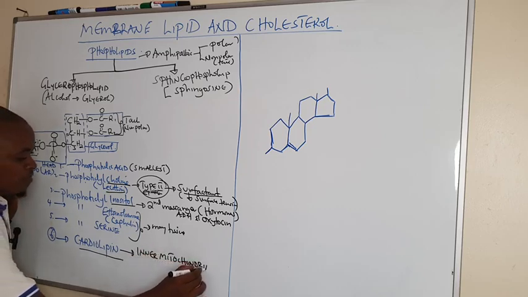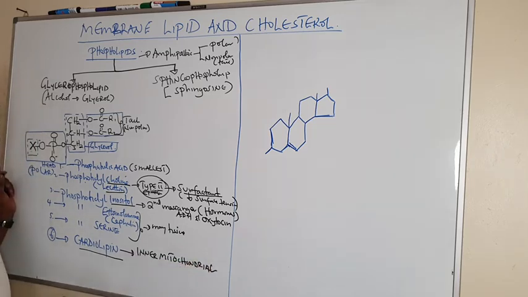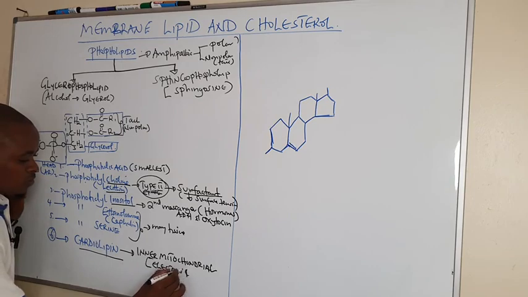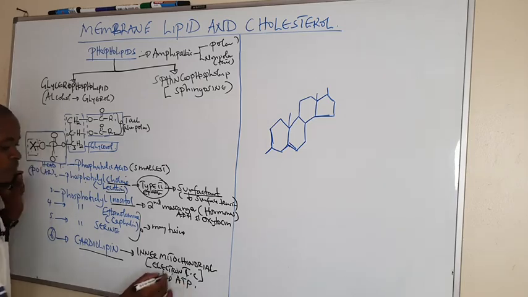And we know that the inner mitochondrial membrane's major function is to carry out the electron transport chain, which is responsible for oxidative phosphorylation to produce ATP.